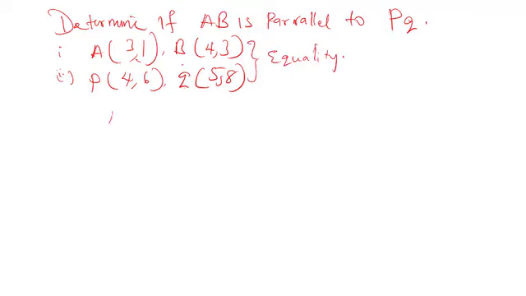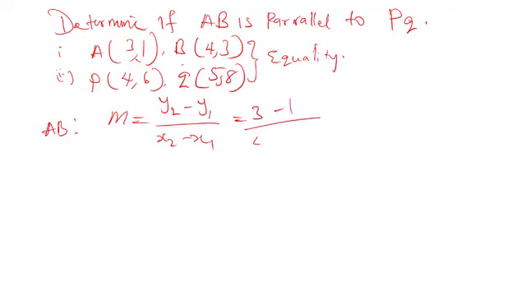Now let's check the slope of AB. M equals y2 minus y1 over x2 minus x1, so this is 3 minus 1 over 4 minus 3. 3 minus 1 is 2, and 4 minus 3 is 1, so the slope is 2.